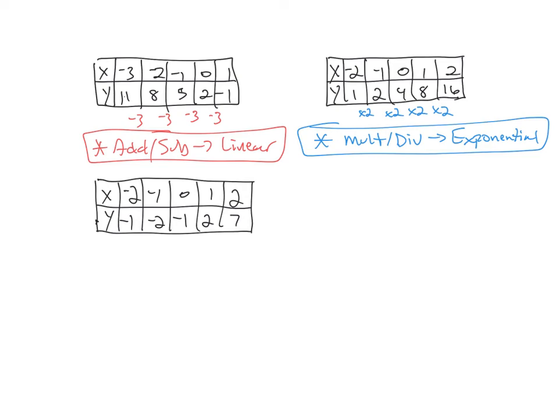It's impossible for that to happen. So what I do notice is -1 and -2 got smaller by 1, and then this one got bigger by 1, and from -1 to 2 got bigger by 3, got bigger by 5. So there's a pattern. Would you think the next one was going to be bigger by 7, then bigger by 9? There's a pattern. It's just not the same number each time.